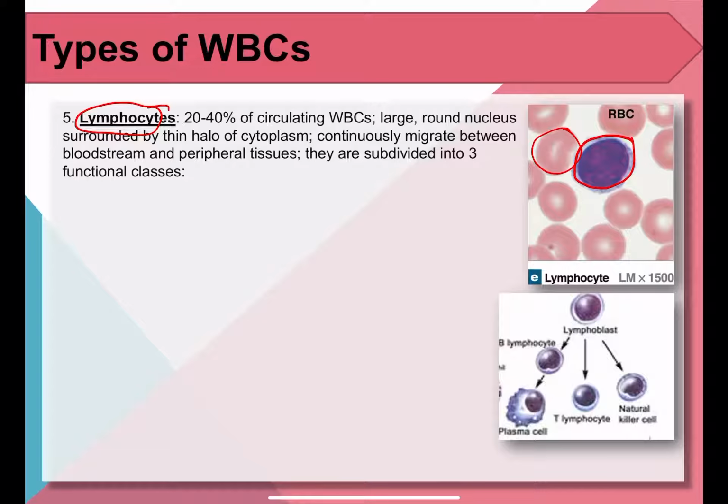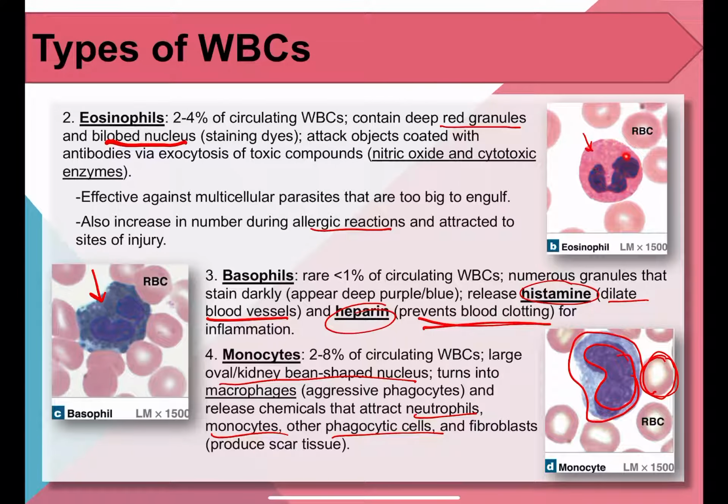Their distinguishing feature physically under the microscope is that their nucleus is very round and large and takes up almost the entire space of the cell. You can only see a small amount of cytoplasm around the cell, kind of like a halo around the nucleus, whereas in the other ones, you can see a lot of cytoplasm space along with the nucleus.